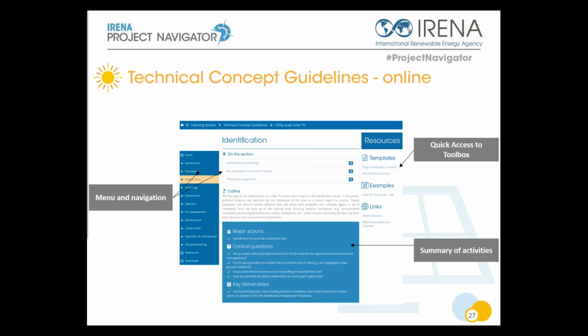You have the possibility to quickly access the toolbox and the information you need, and we provide a menu and help you to better navigate in your projects, and then with the control questions and the tracking, you have the ideal platform to develop your project to successful implementation and financing.